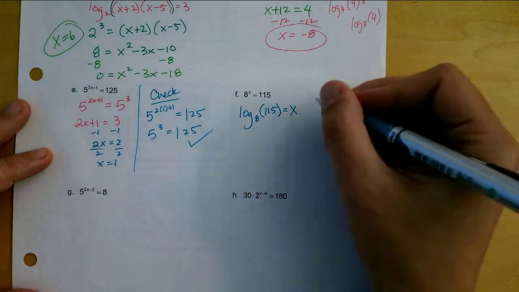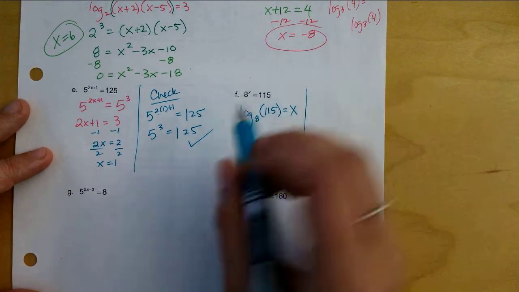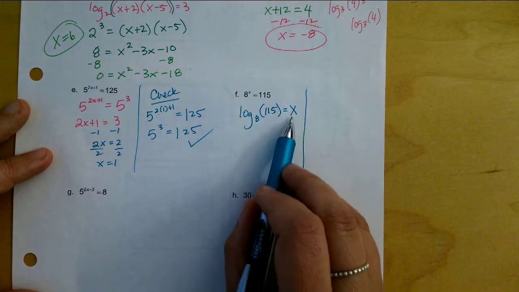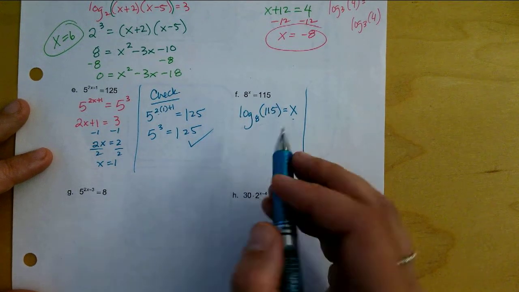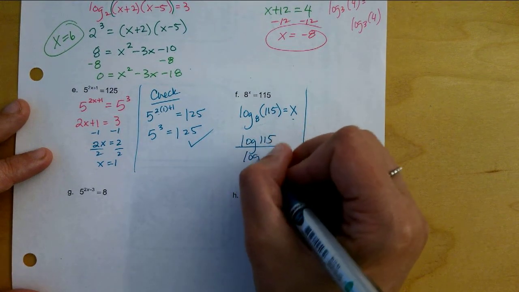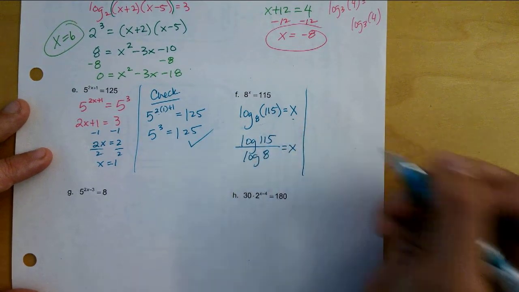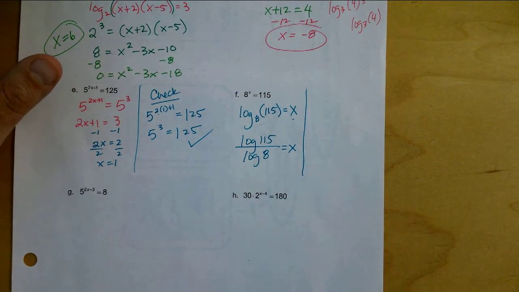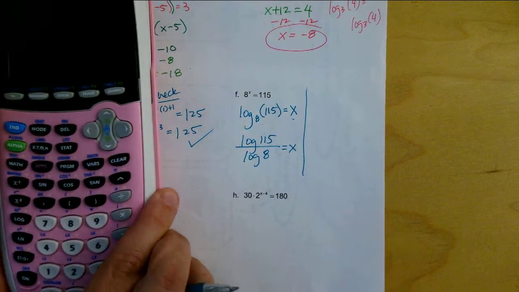Okay. Another way to think about this is anytime you want to get the variable out of the exponent, and by the way, that's solved for x. That's a number. If you put that in your calculator, that's log of 115 over log of 8, or use your log base. Okay, that's your number, whatever it is. I don't know what it is. Here, let's find out.